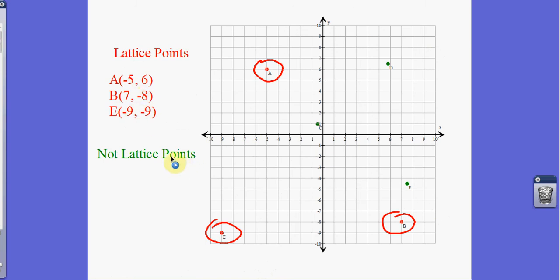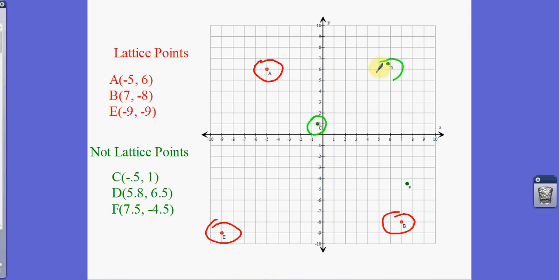Now, if you look at the non-lattice points, those are the green ones. The ordered pairs for the non-lattice points do have decimals, and I can circle them on here. That's C, D, and F. If you notice, when you graph a non-lattice point, for instance C, I'm going over -1/2 and I'm going up 1.